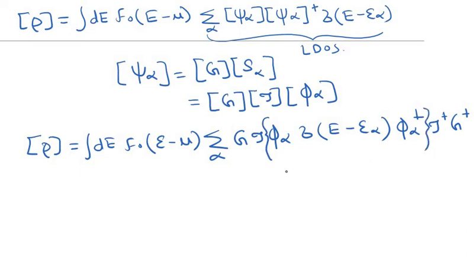Now note that this is again a special term which is basically equal to the local density of states of the eigenstate alpha inside the contact. So this is basically the LDOS inside the contact, and this is basically given by our spectral function.